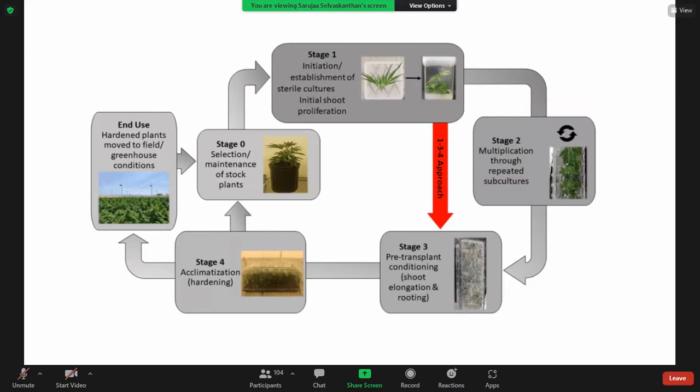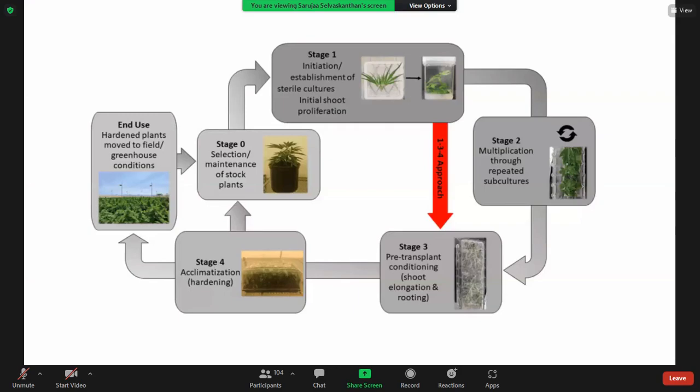That explant starts to make small shoots, and shoot proliferation occurs in that stage. Stage 2, that is the third step, multiplication.